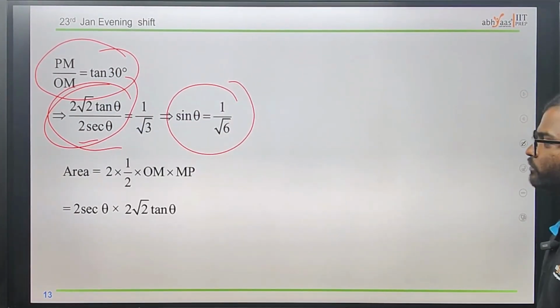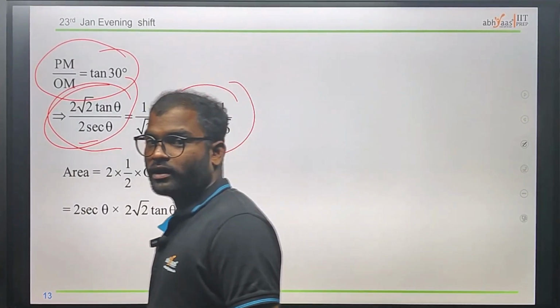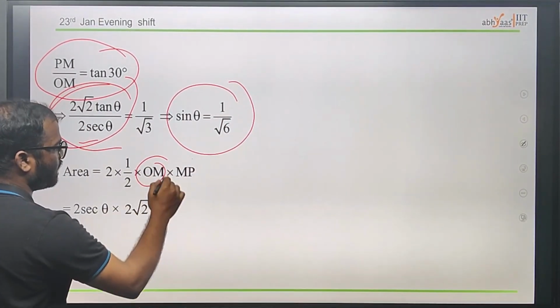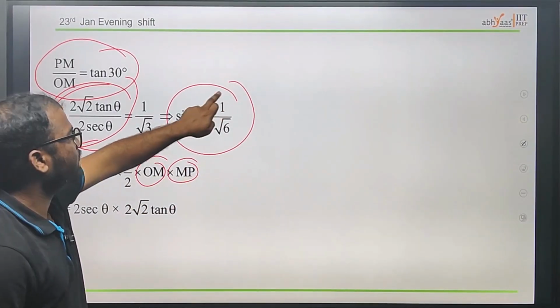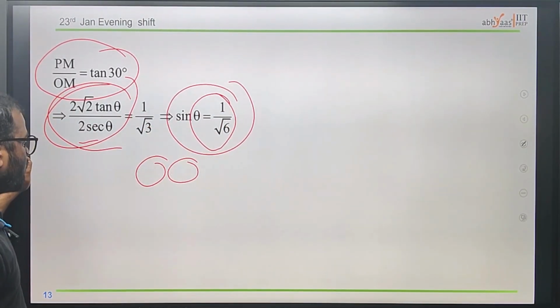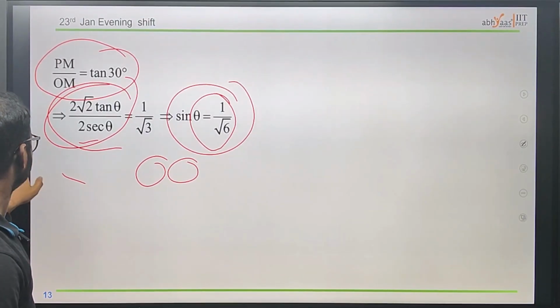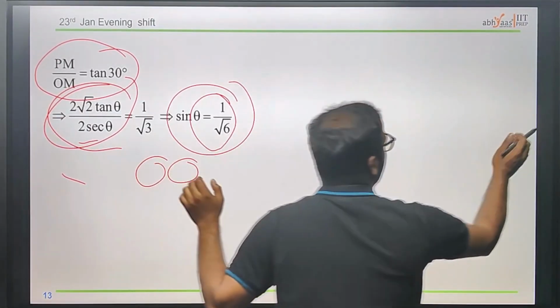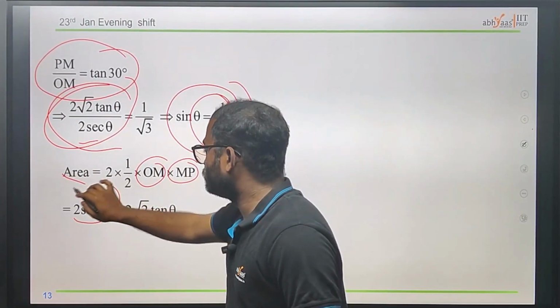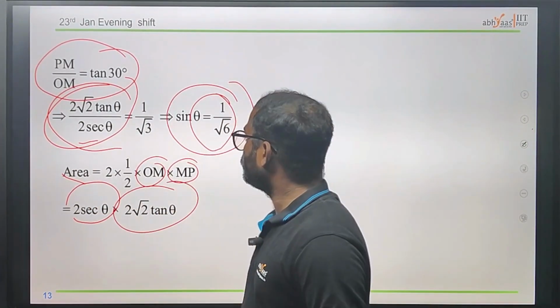Now, we just need to substitute into base and height, which is OM and MP. We got sin theta as 1 by root 6, and with this we can easily find the height and base. Now from this we have 2 secant theta and 2 root 2 tan theta.